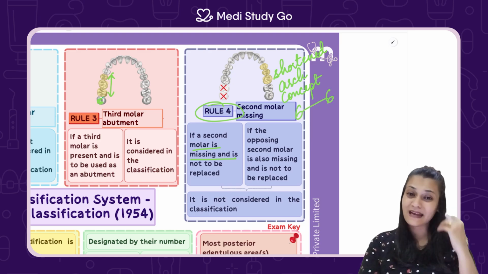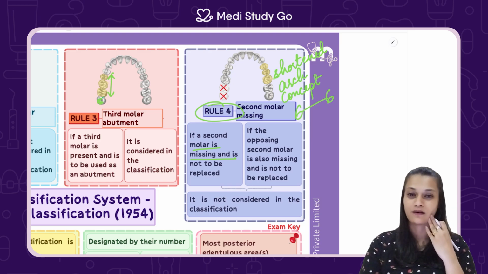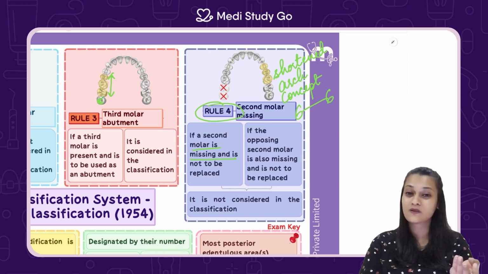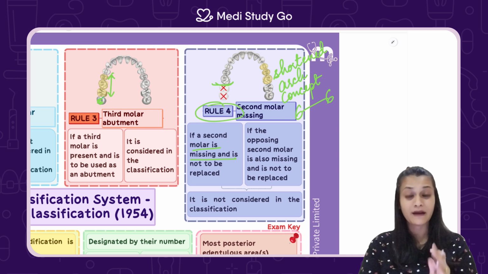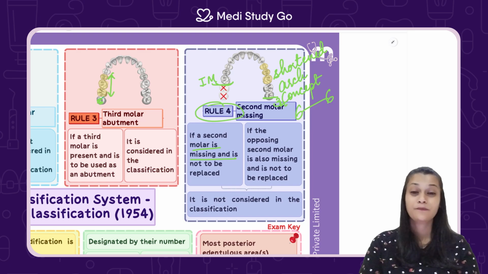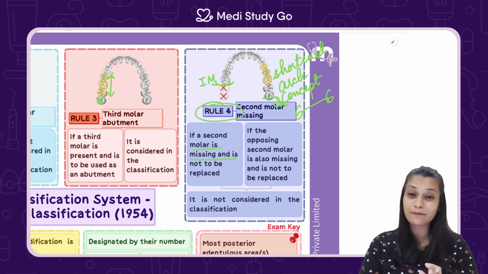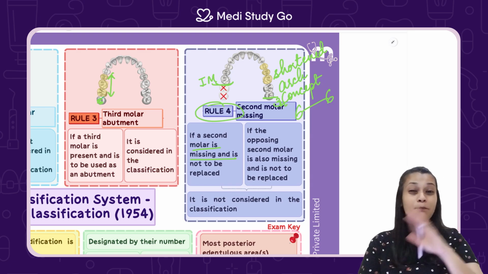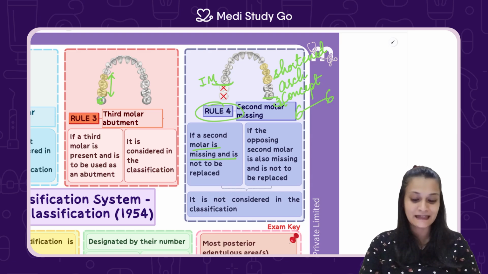I know that my antagonist only has first molar. Why give 2 molars at the back when the opposite is also missing? Rather, I will consider my dentition from first molar on one side to the first molar on the other. So only when I want to replace my second molar will I consider it. If it's present, I have to consider it. But if it's missing and I don't plan on replacing it, I need not.